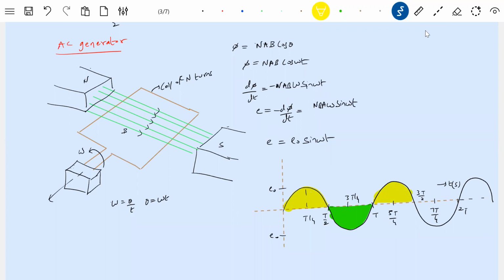If this particular loop has a resistance R, if I bring one resistance R, then the expression for I equals E by R, or E naught by R sine omega t, or I naught sine omega t. So look at the current. Current is going to alternate.